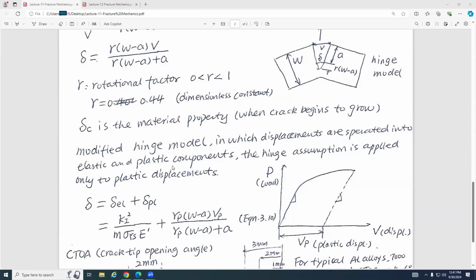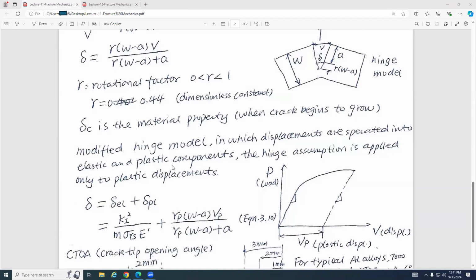But after this point, the material is not linear. Even though P is increasing, the displacement V is not changing proportionally. We call that at this point the material starts yielding and hardening.